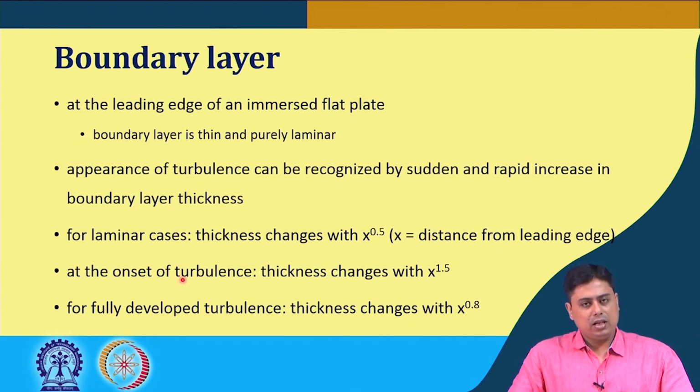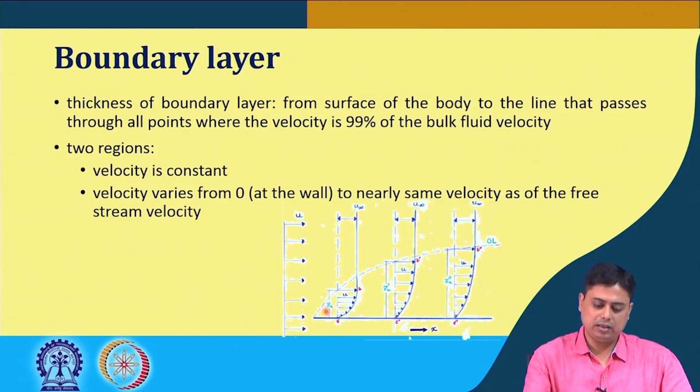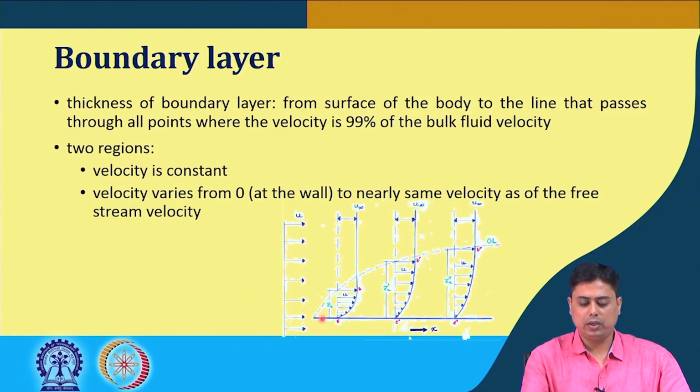So, at the leading edge of an immersed body, let us say here the flat plate, the boundary layer is usually very thin and purely laminar. Now, the appearance of turbulence can be recognized by a sudden and rapid increase in the boundary layer thickness. If you remember this schematic, near the leading edge the boundary layer is typically very thin.